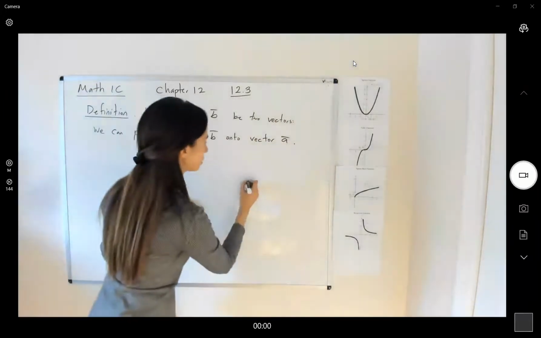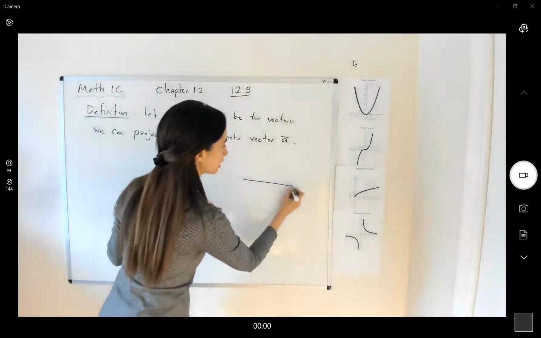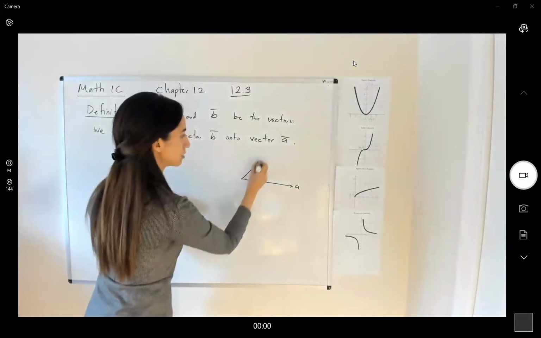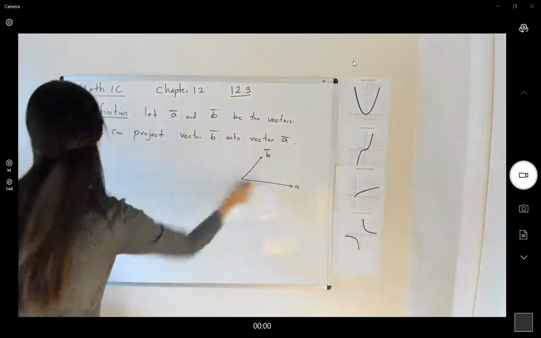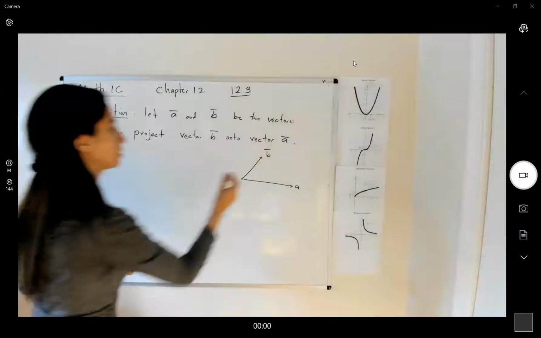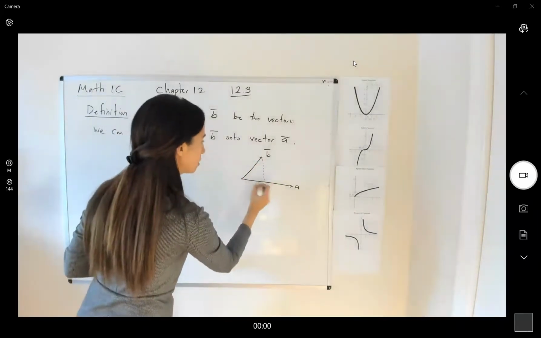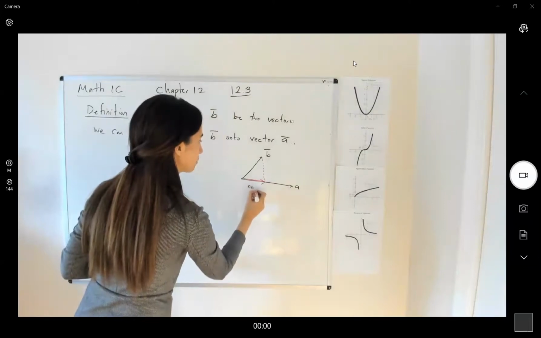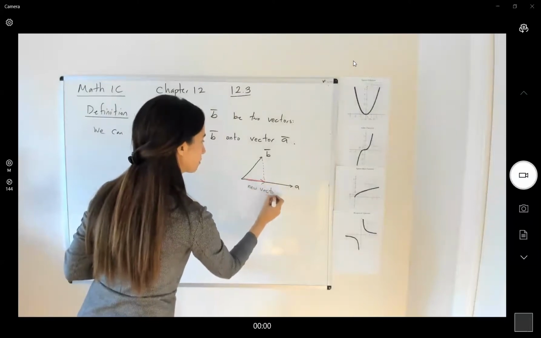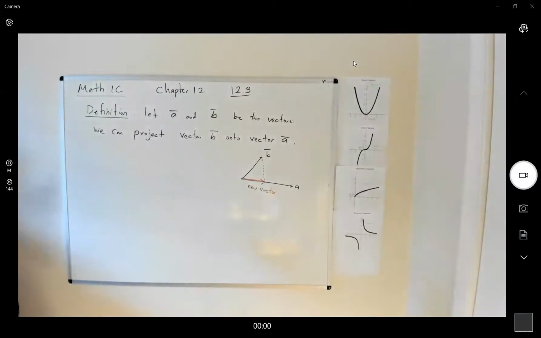That makes sense. You have two vectors. Suppose this is your vector A, and this is vector B. You can, of course, project vector B onto vector A. You get a new vector. There you go.